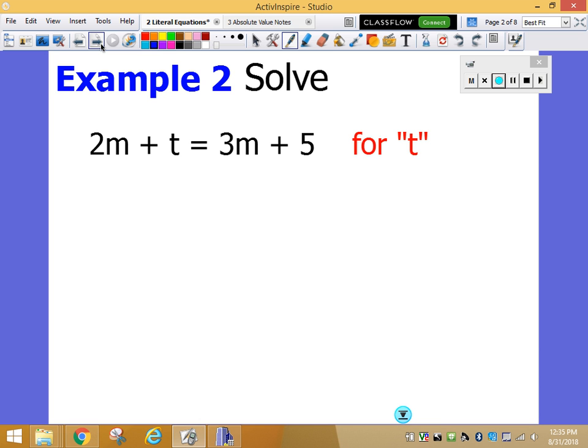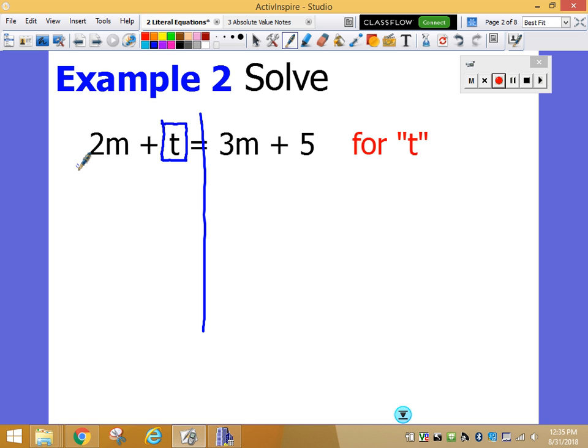Let's do another one. Write this one down. We're going to solve this one for t. Draw a line. I'm going to box in t. This is what I'm trying to get by itself. So what I want to do is look and see what's over here with the t. A 2m. How do I move that 2m?